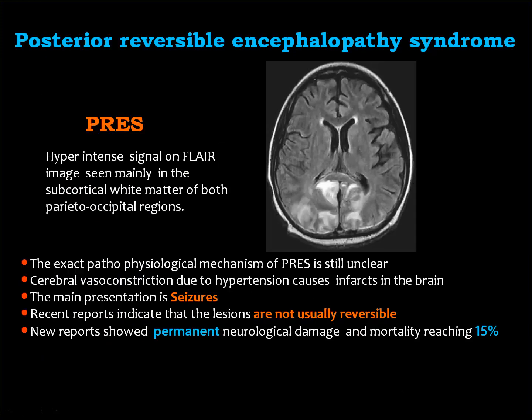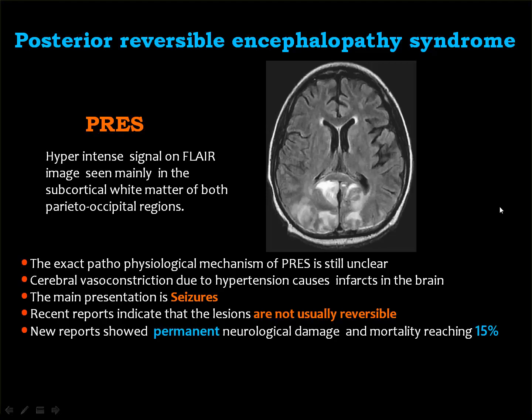Then we came to the disease which is known as PRES, the posterior reversible encephalopathy syndrome. This was supposed to result from a sudden increase of the blood pressure, resulting in vasospasm of the circle of Willis, and this vasospasm will result in brain edema first, then ischemic changes after that.